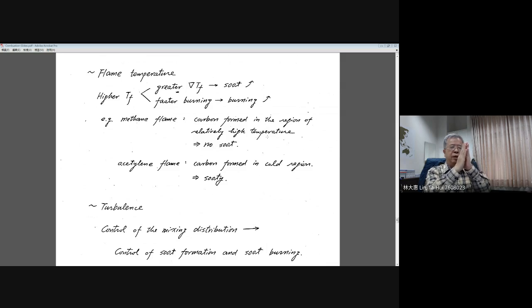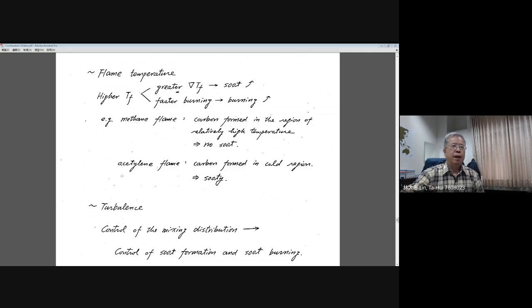So there is a chance for a certain amount of oxygen to diffuse in and complete the oxidation of your soot. That means you may not have soot. Then there is no soot.